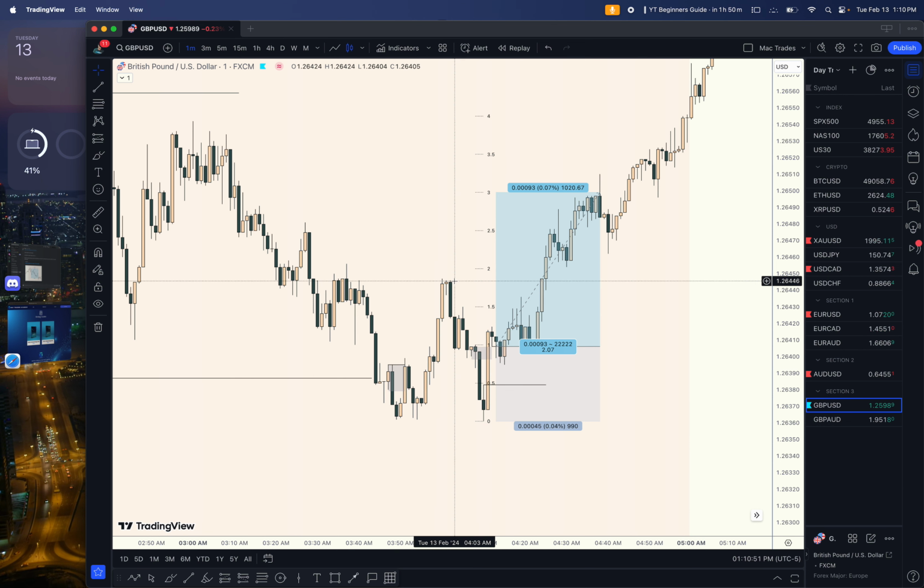Then we have a nice push to the upside, price pushes back to the downside. We actually trade below this low here, and then we trade back above what was responsible for trading below this low. So this bullish candle here, that little bit of accumulation before this manipulation and then distribution, that is what we are looking for price to trade from and then through.